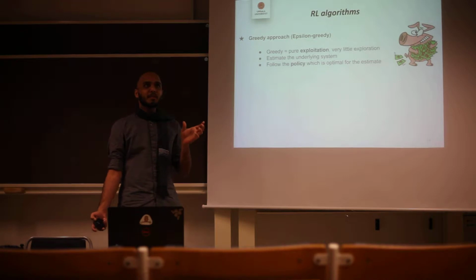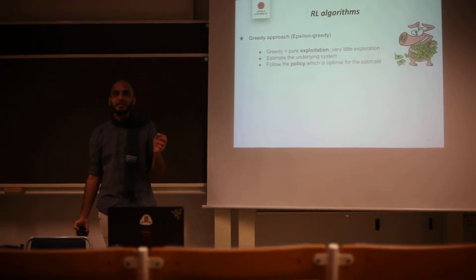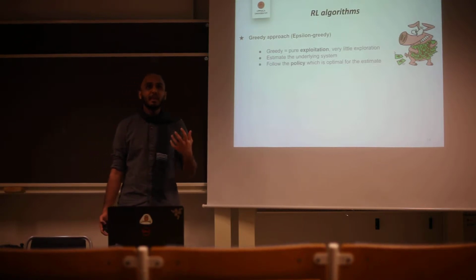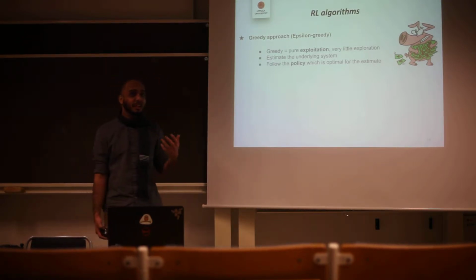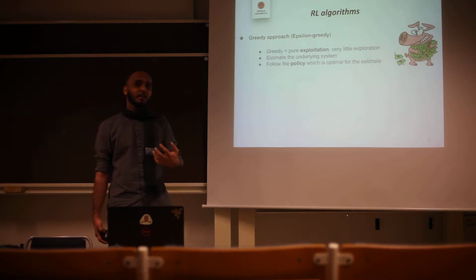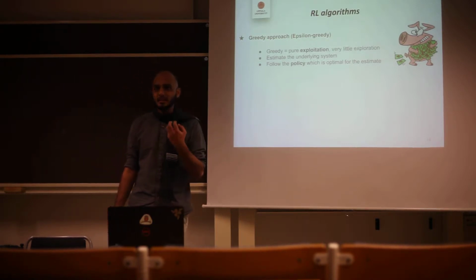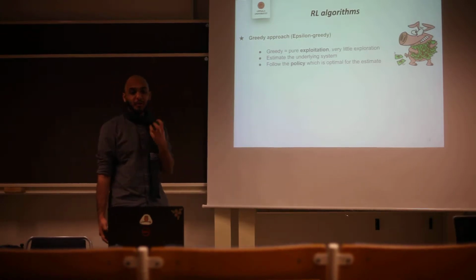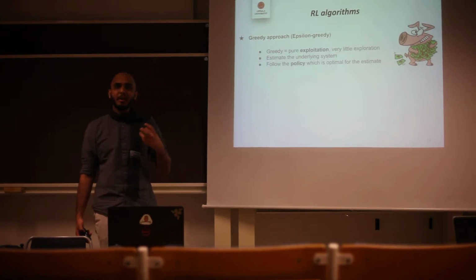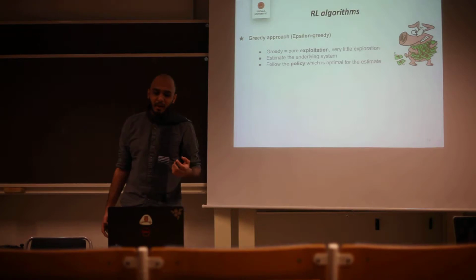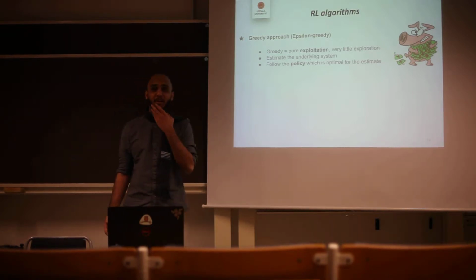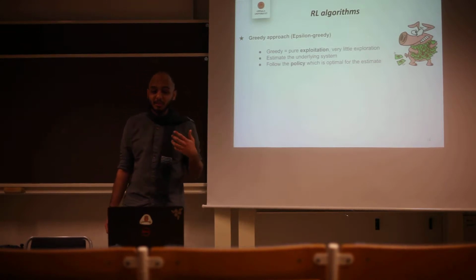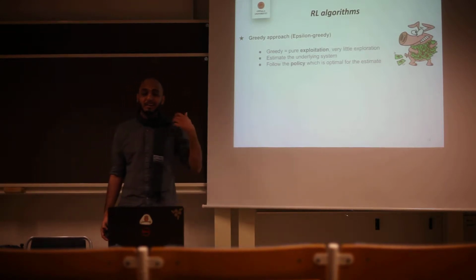Epsilon tending to 1 means the agent is acting very randomly, and the closer it is to 0, the more it is exploiting. So greedy means you purely exploit and spend very little on exploring, and you follow a policy which is optimal, the best one you have found until now.